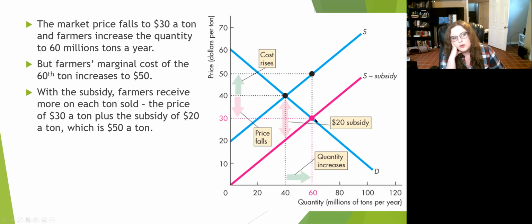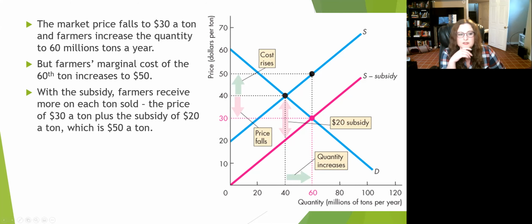Take this new equilibrium and trace a line up to that original supply curve. Well, we see that at this level of garlic, it would cost me $50 to produce that level of garlic. I need to be paid because my marginal cost is $50 for producing another ton of garlic here.